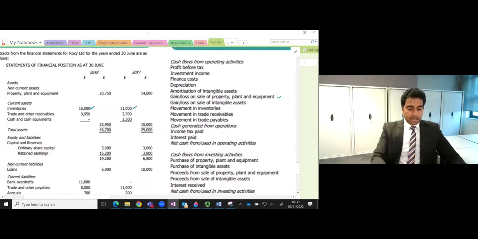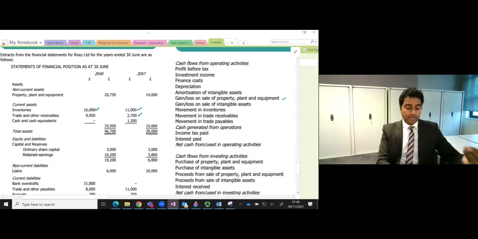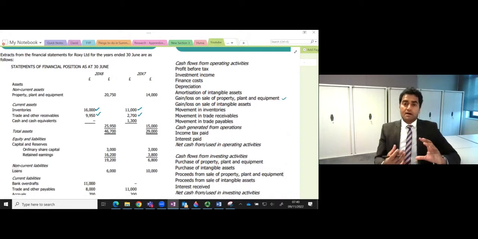Next is increase in receivables. So you can see that I have my opening balance of receivables of £2,700, and this receivables balance has been increased to 9,950. Now, receivables are my customers from whom I have to collect money. And if my receivables balance is increasing, that means my credit control is not good.